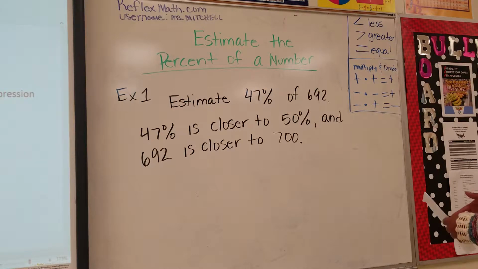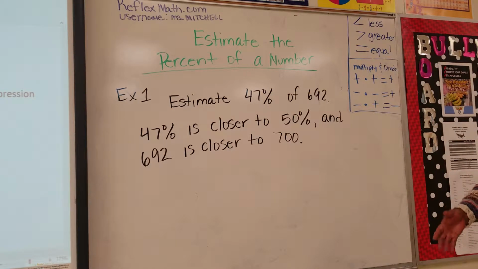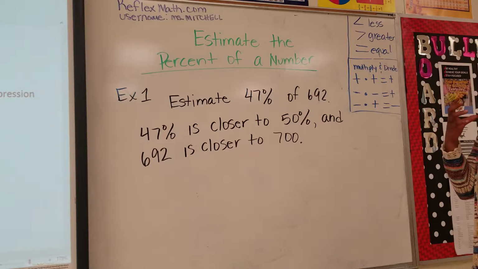Remember, we only estimate numbers so that it's easier for us to look at and to add up in our minds. Say you go to a store, say Walmart, and you see something for 96 cents, and you get about 5 of those things. In our minds, as we're adding things up, we're not going to say 96 plus 96 plus 96 plus 96.